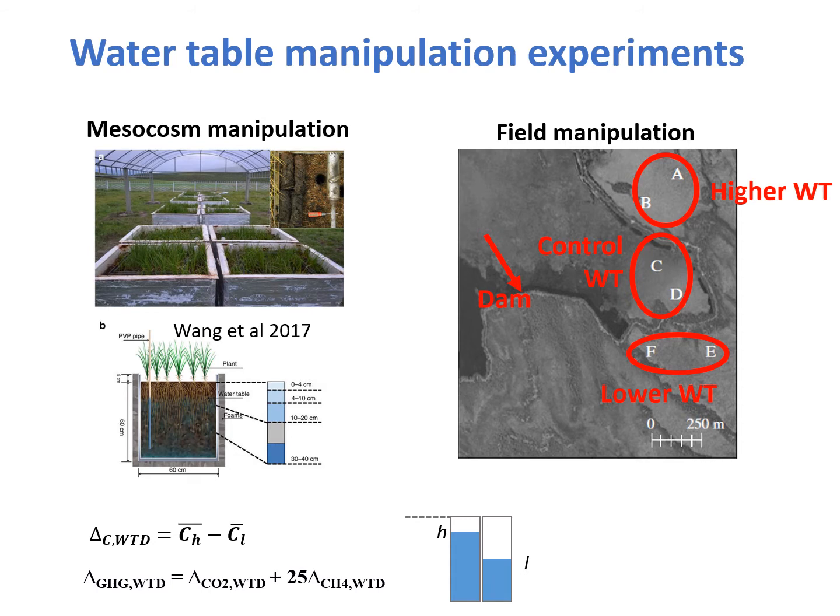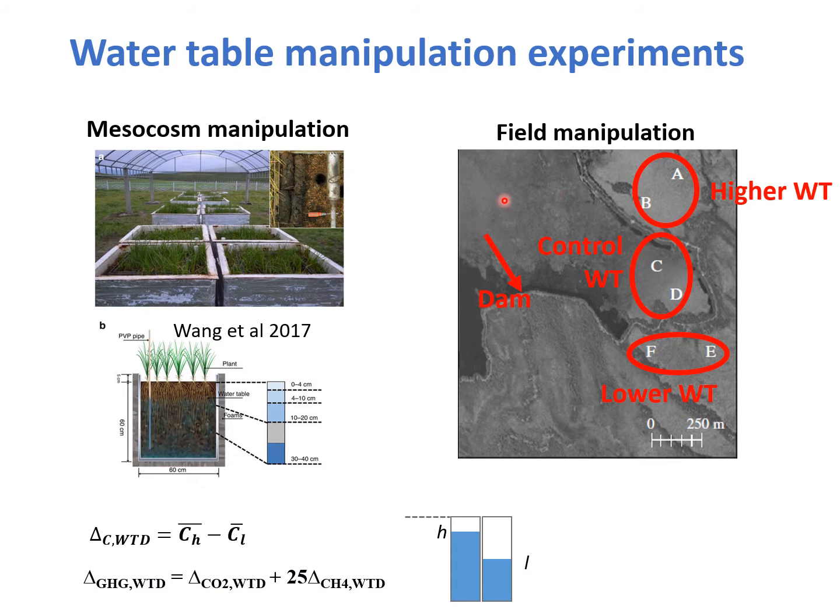Some of the experiments are conducted in relatively well-controlled settings, such as so-called microcosm experiments. Some are conducted in field conditions with the difference in water table depths formed either naturally, such as through dams, or artificially, such as through human drainage.